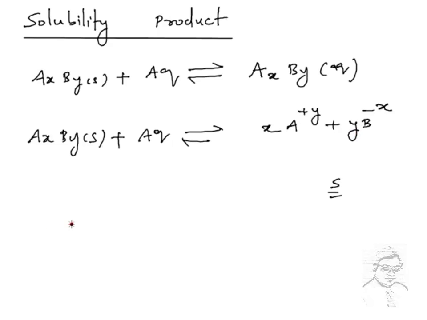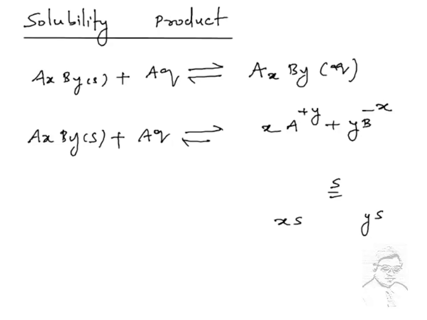If S part of it dissolves, X into S and Y into S. What is getting dissolved is getting ionized, right? So if S part of it dissolves, then it ionizes and you get XS, these ions, and YS, these ions.